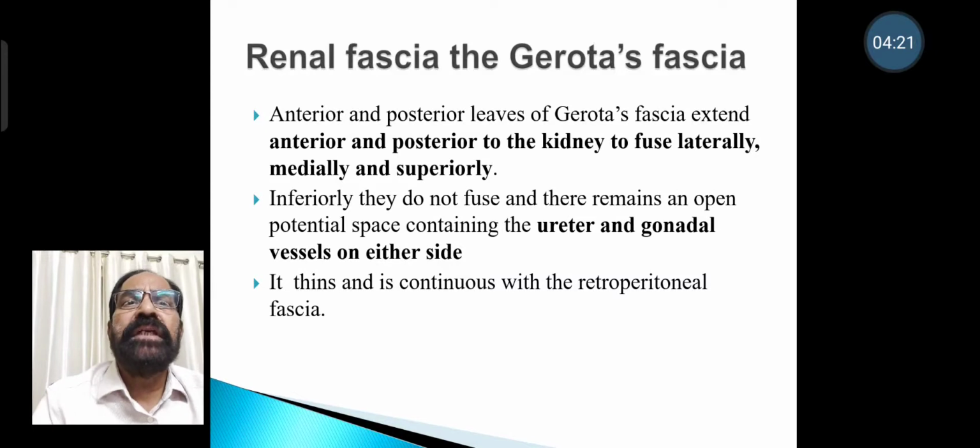Anterior and posterior leaves of Gerota's fascia extend anterior and posterior to the kidney to fuse laterally, medially and superiorly, immediately above the organ. Inferiorly, they do not fuse and there remains an open potential space containing the ureter and gonadal vessels. And it thins and is continuous with the retroperitoneal fascia.